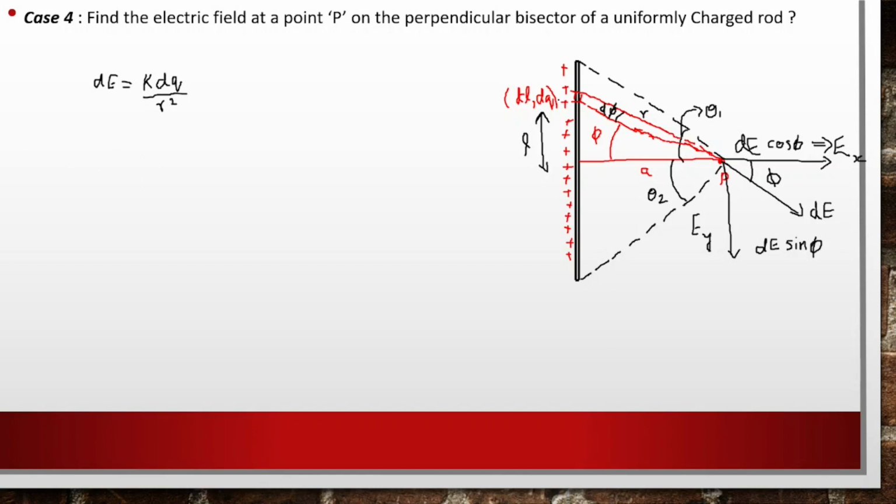And since it is a linear charge distribution, we can write dq is equal to lambda dl. So we can apply this in here. So we get dE is equal to K lambda dl by r square.